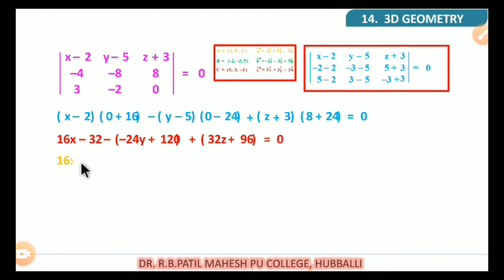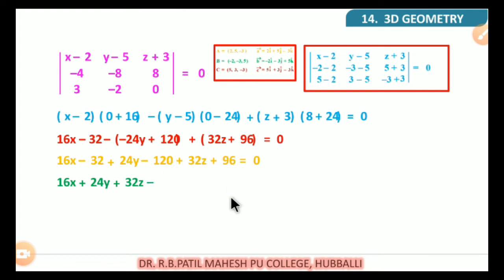Next, make the simplification. 16x minus 32, and minus into minus becomes here plus. So plus 24y, and minus into plus becomes minus. So minus 120 plus 32z plus 96 is equal to 0. So 16x plus 24y plus 32z, and here minus 32 minus 120 and plus 96.